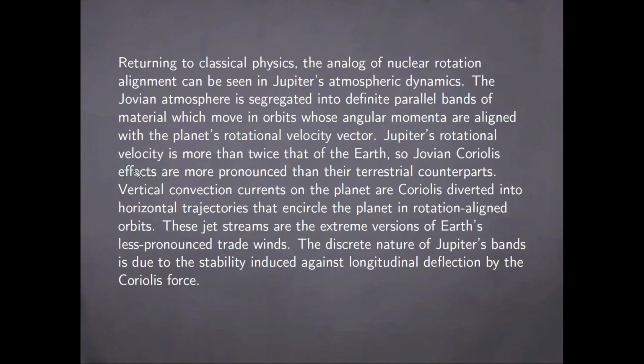Jupiter's rotational velocity is more than twice that of the Earth, so Jovian Coriolis effects are more pronounced than their terrestrial counterparts. Vertical convection currents on the planet are Coriolis diverted into horizontal trajectories that encircle the planet in rotational aligned orbits. These jet streams are the extreme versions of Earth's less pronounced trade winds. The discrete nature of Jupiter's bands is due to the stability induced against longitudinal deflection by the Coriolis force.